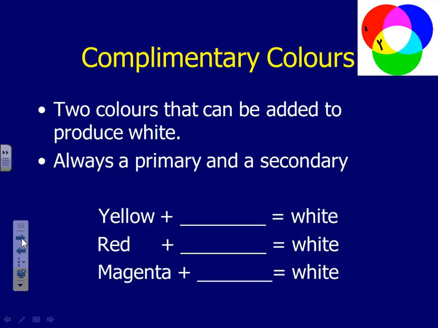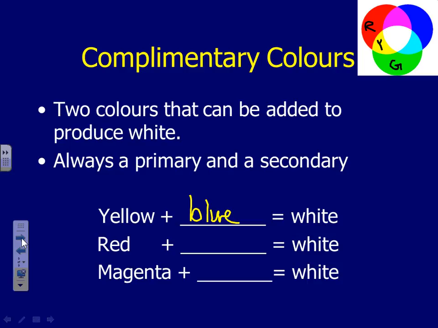There's the red, there's the green. So yellow already contains two of our main three. What other color will add to that to make white? Blue. So I need to add blue to yellow to make white, because the yellow already contains the red and the green.